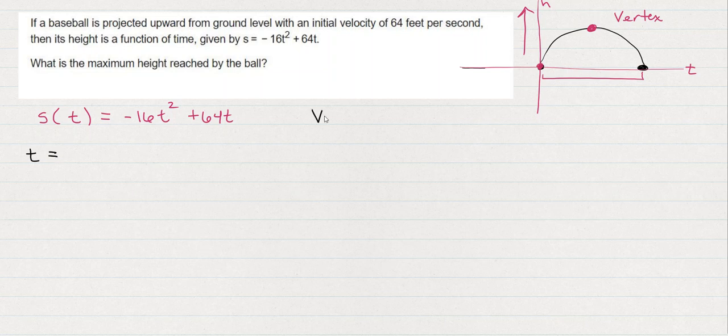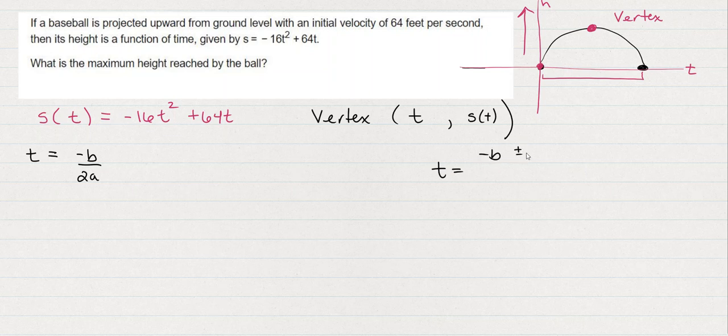So remember that the vertex is going to be an ordered pair. In this case, t comma s, or keeping with the function format, s of t. So t is going to be found with this formula, the opposite of b over 2a, and you might be looking at thinking, do I need to memorize another formula? Well, probably not, because probably you know this formula.